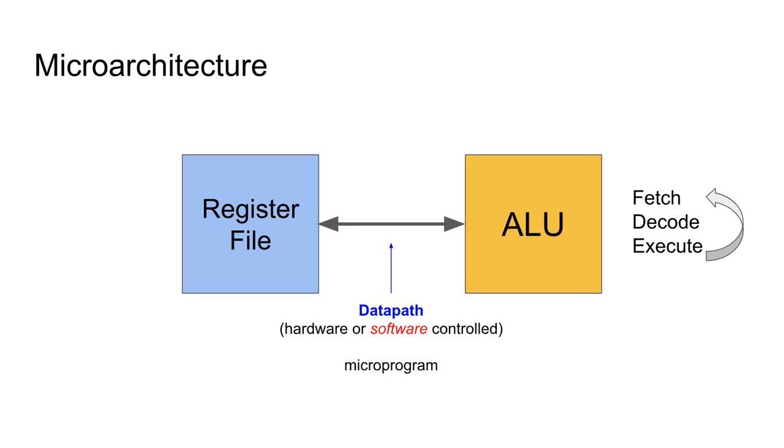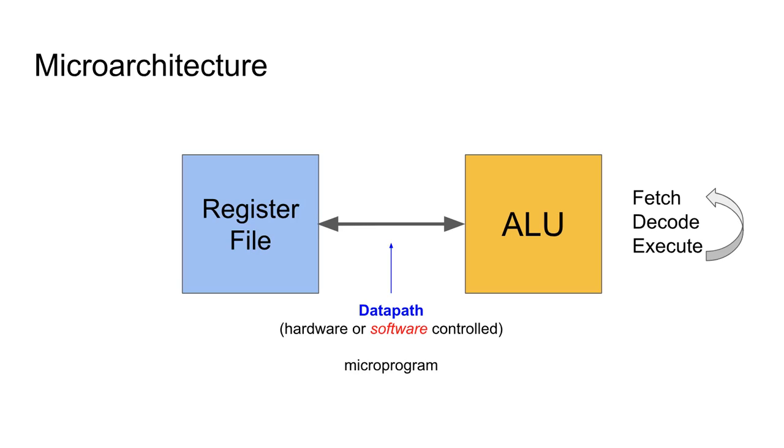The layer above digital logic is the microarchitecture layer. Now, this is grossly simplified, but it gets the primary points across. At the microarchitecture layer, we're most concerned with how we take information that is stored here in the register file, the register file being just a collection of individual registers.